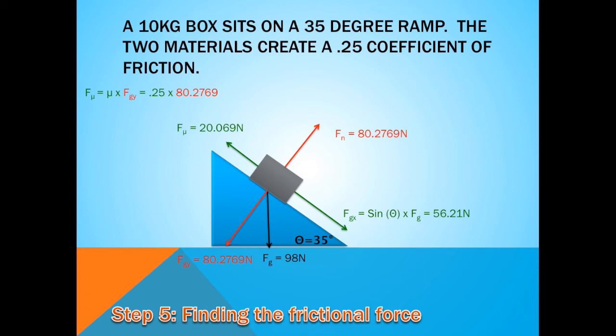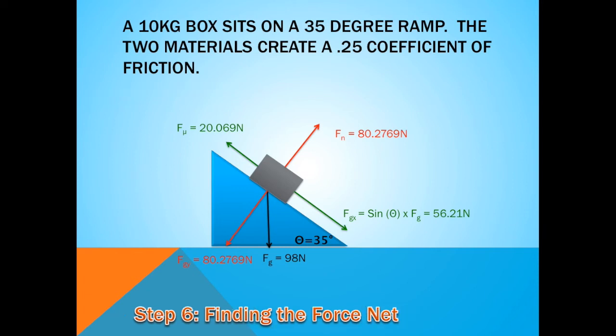Now that we have that done, we realized before that we called it our force applied when we were on a flat surface, but in this case we're applying nothing. Gravity is doing it all. Our force of friction is trying to keep the object from moving, but the FGX is the force that wants to get the object to accelerate.